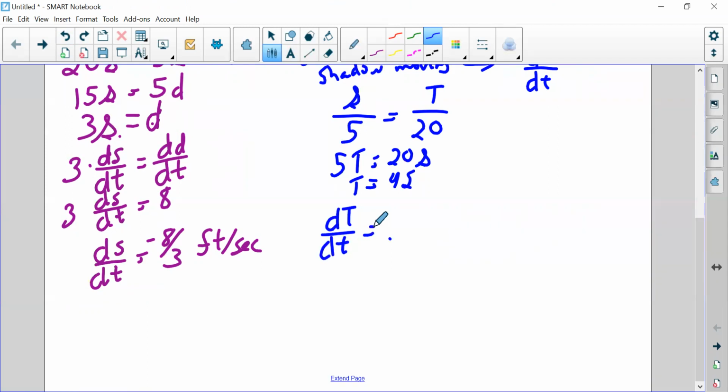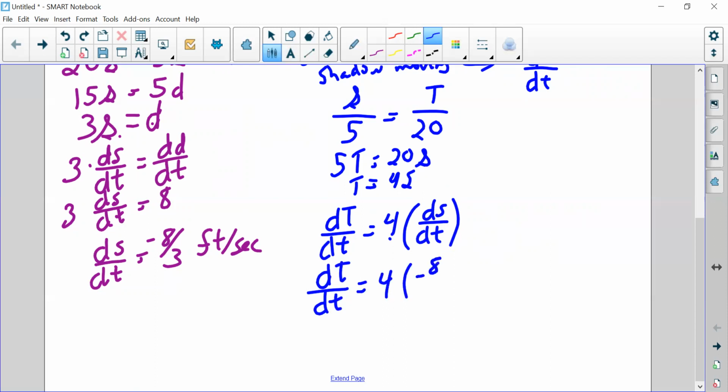And what's the derivative of 4s? 4 ds/dt. Okay, so dt over dt is equal to 4. And we found ds/dt in part A, so that's negative 8/3.